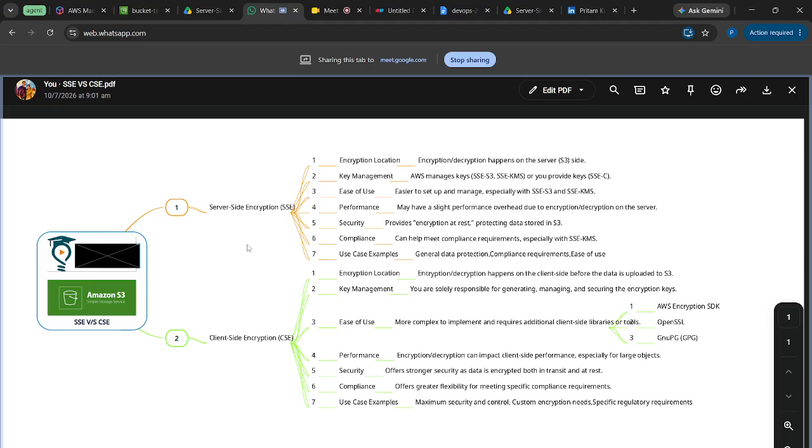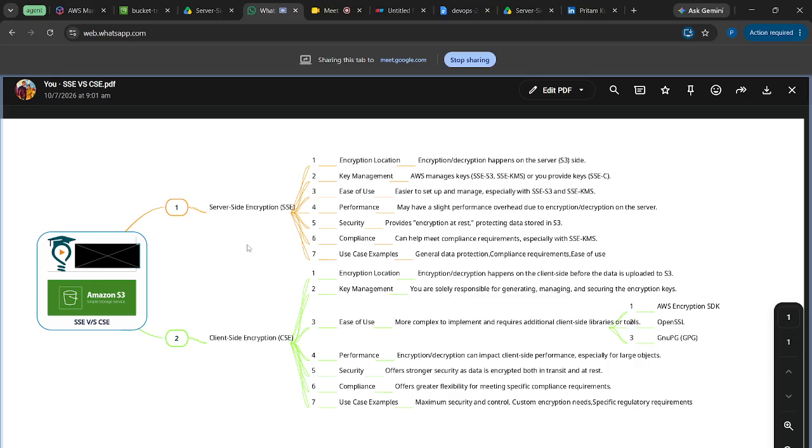So this is another slide. As we have seen, first we understood what encryption is. Then what are the older processes we used to encrypt data, like Caesar cipher. Then we took a look at data at rest and data in transit. After that we moved to symmetric and asymmetric.